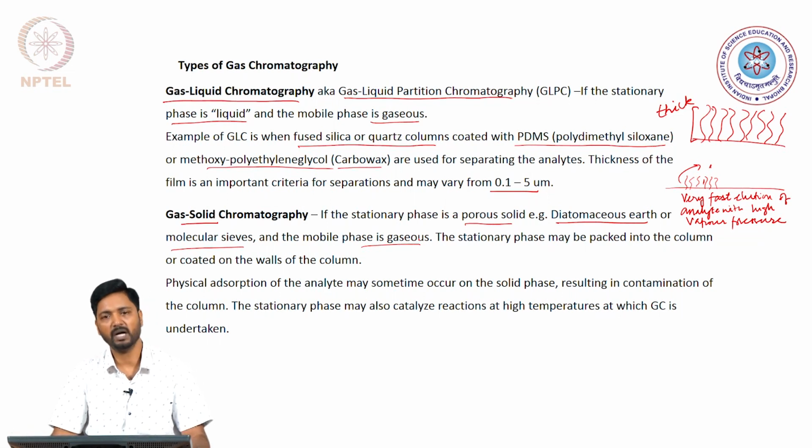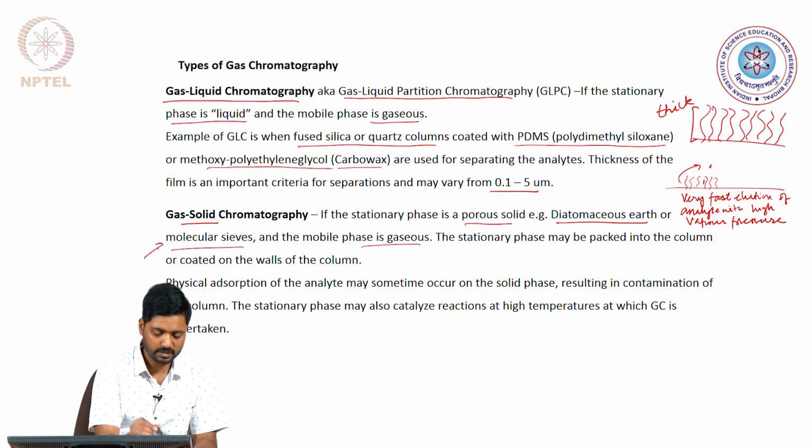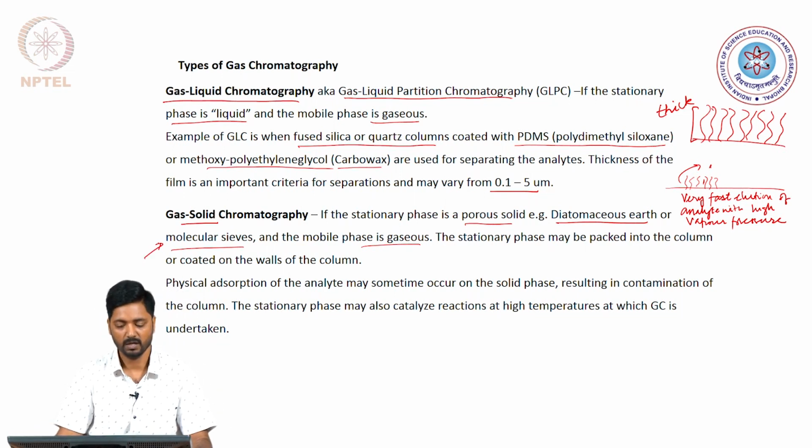Here the partitioning of the solute or analyte is happening between the solid phase, which is comprised of either molecular sieves, diatomaceous earth, alumina, silica or any such porous material, and the mobile phase, which is the carrier gas.